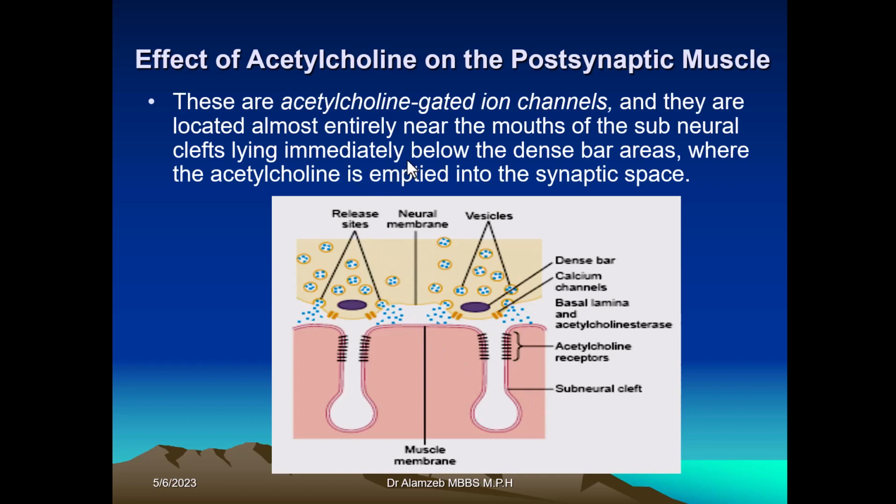These acetylcholine-gated ion channels are located almost entirely near the mouth of the subneural cleft, lying immediately below the dense bar area where the acetylcholine is emptied into the synaptic gutter.